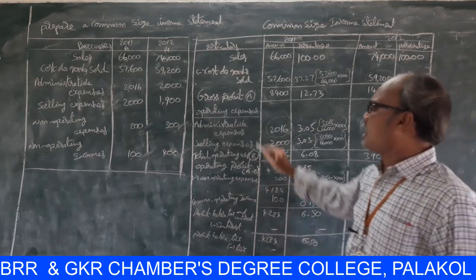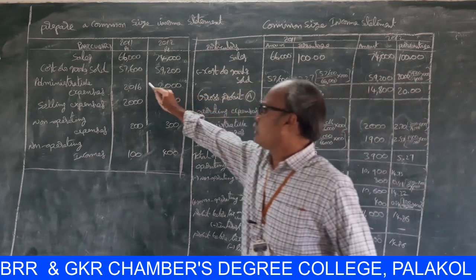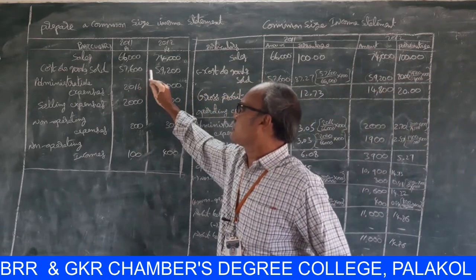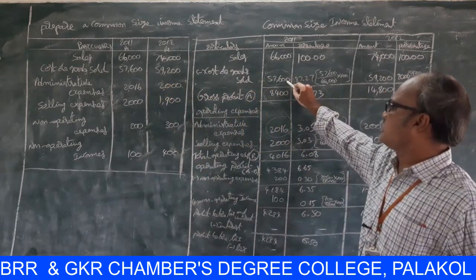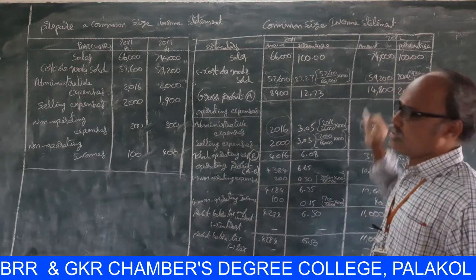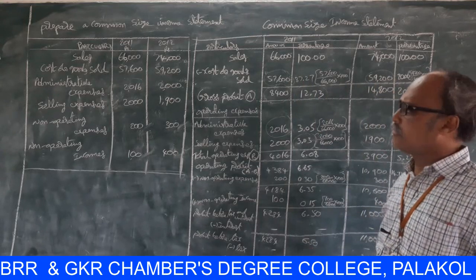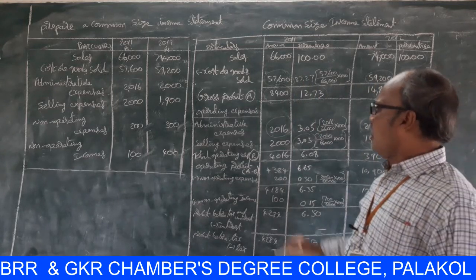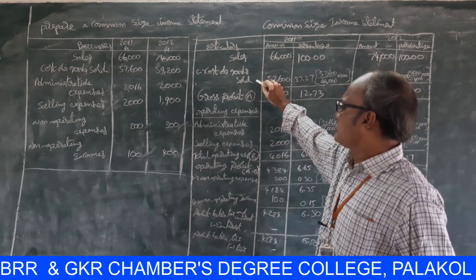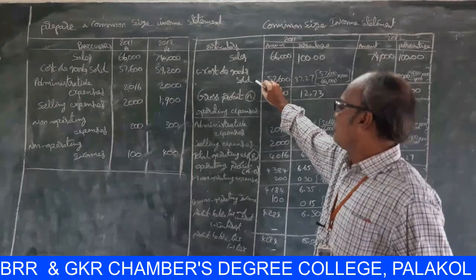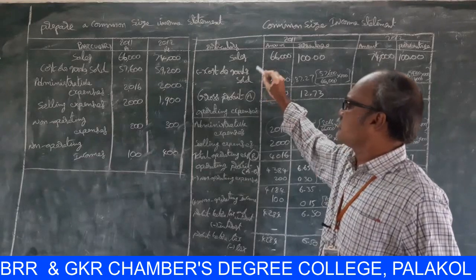Next one, cost of goods sold. How much is the amount? 57,600 and 59,200. Another important thing is that all the items should be shown as percentage of sales.